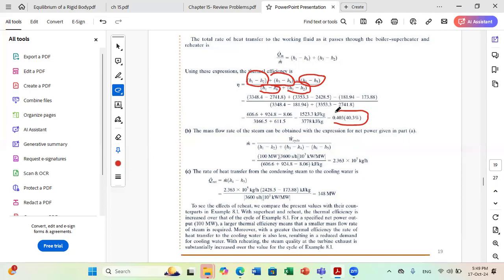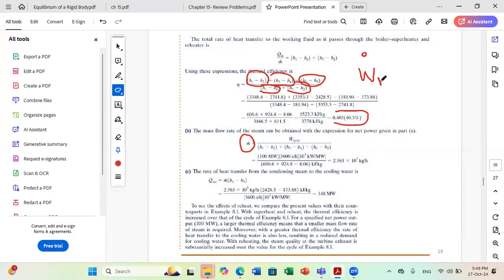Now, in the second question, they asked for the mass flow rate. We don't know the mass flow rate in our system, but they gave us W dot net, the big W dot.